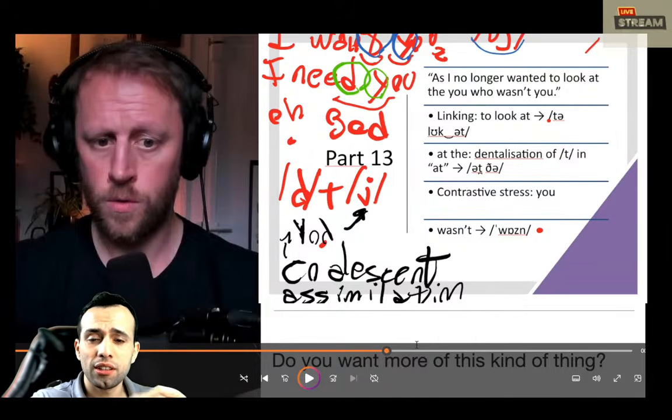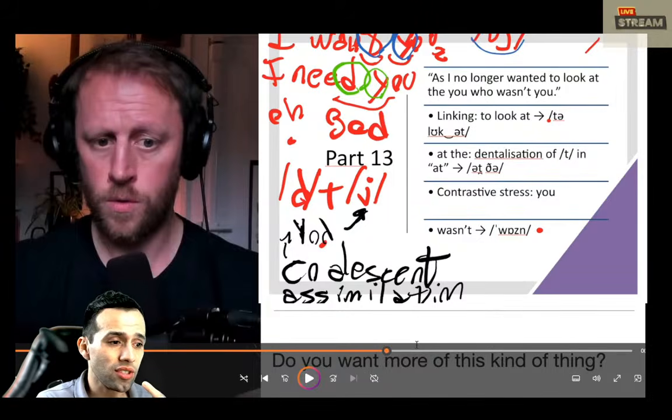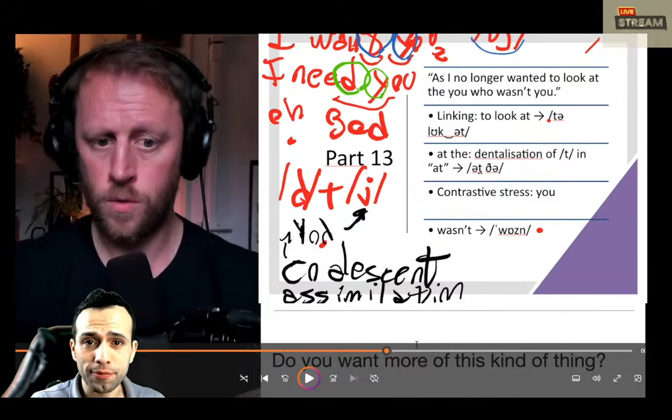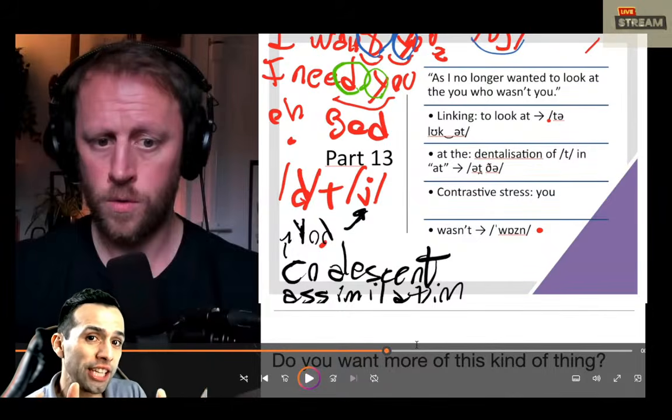We went over sounds, linking, right? We talked about many linking features, such as catenation, which refers to the linking of a final consonant at the end of one word and the initial vowel sound in another word.